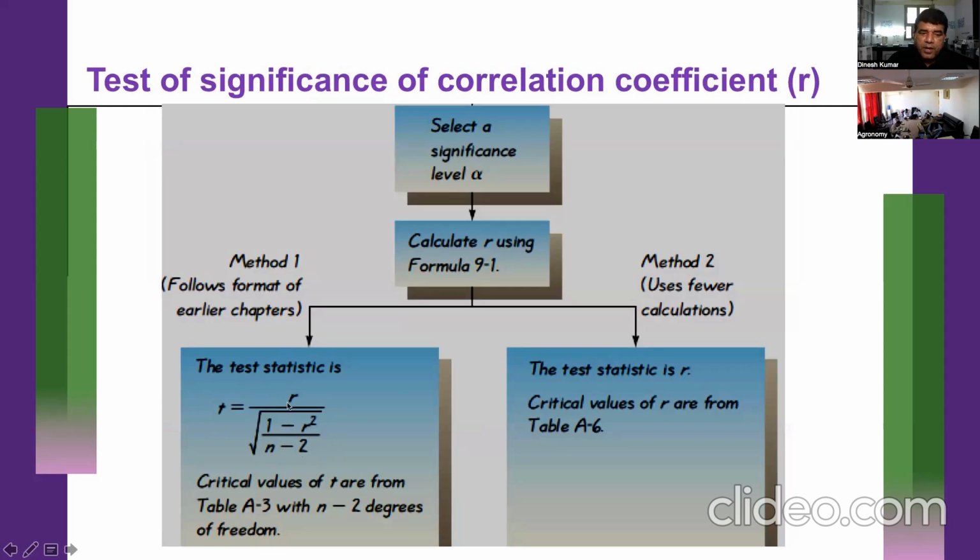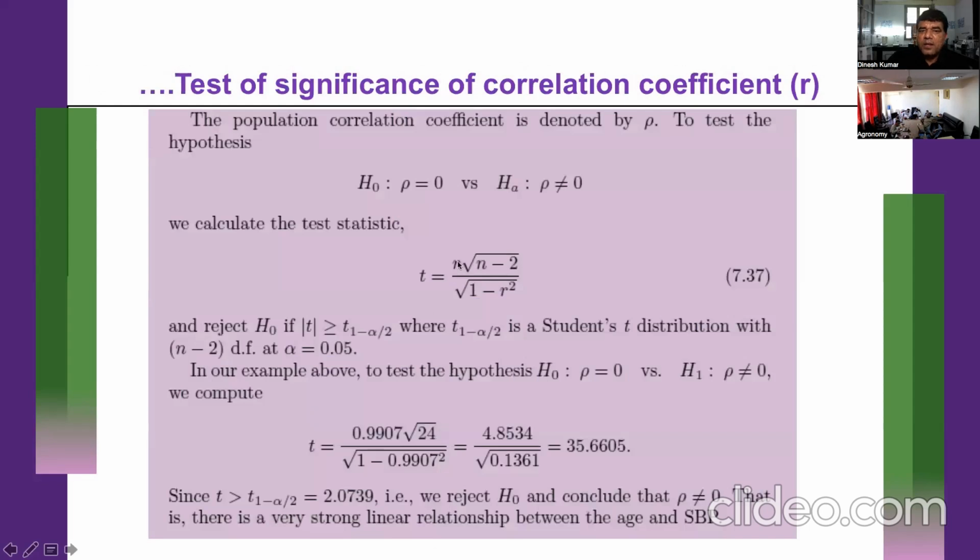It will become r into the square root of n minus 2, divided by 1 minus r square. So here you can put the value of r and the value of n, and you can calculate the t value. Here the t value is 35.66.